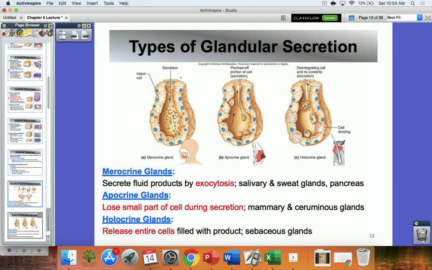So these are just types of secretions based on what is actually secreted out, whether it's just small fluid particles, or part of the cell, or the entire cell. And you notice when the cell is released for this one, you have more of the cell that's being formed via mitosis.